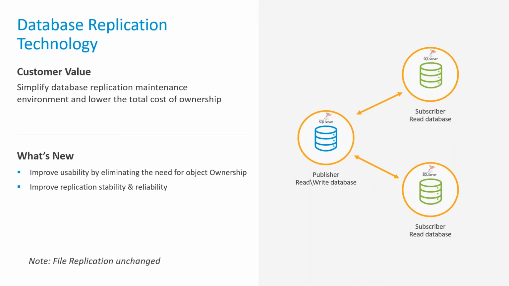Being able to freely work on files wherever you're at was just a little more difficult. So now that need for ownership has been eliminated, and the publisher is really the main controller of that read-write capability. You still have the files at each subscriber location. It's just the database that flips the switch to let somebody else modify that file.